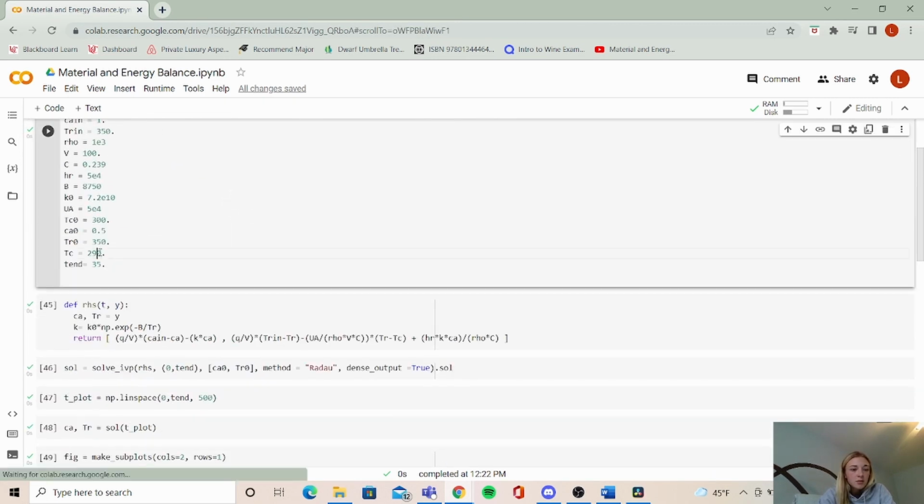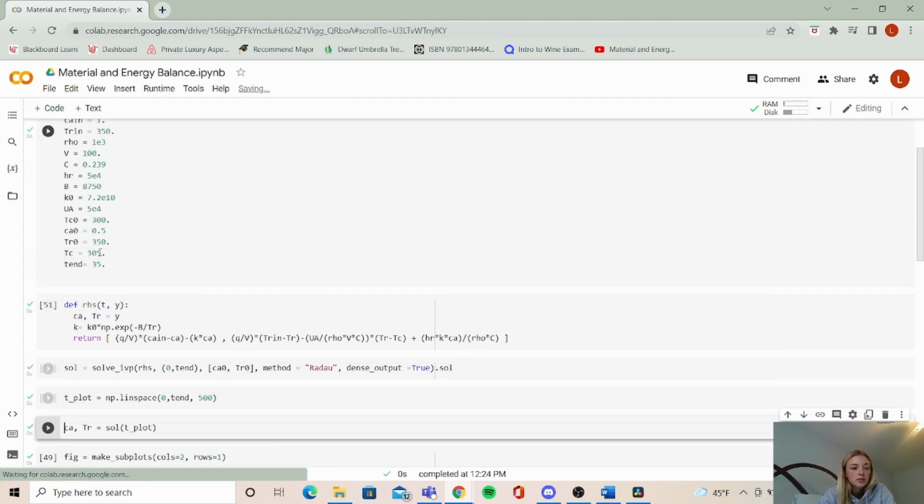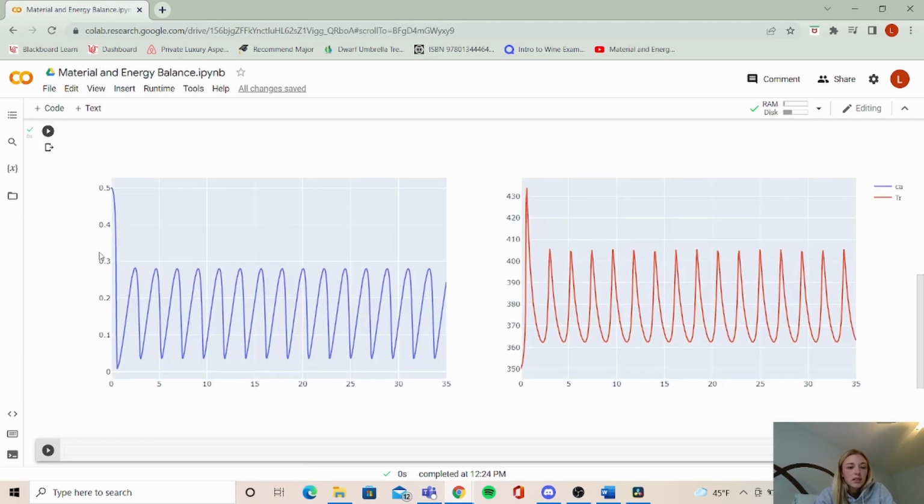The next temperature change we wanted was to go to 305 Kelvin. Here we have a big change, and this is not going to be good because our heat is spiking a great ton up here. That's because it's an exothermic reaction, and if we're increasing the temperature of our coolant, it's not going to be able to cool our reaction down very much.